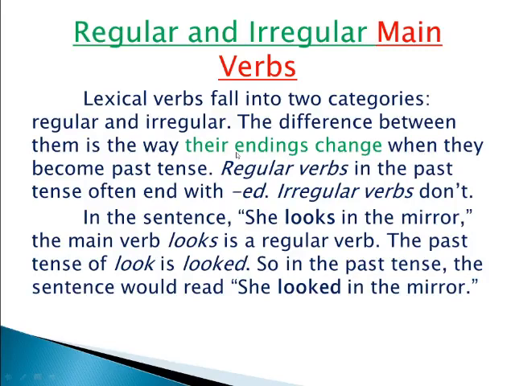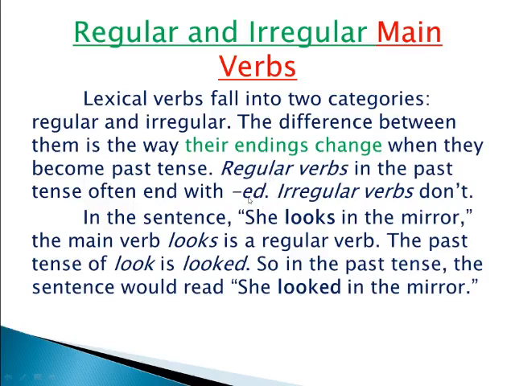Present, past, past participle. These are the three forms of the verb that you know. Here, in order to make verb 2, the past of the verb, we just add ed. These types of verbs are known as regular verbs. Regular verbs are made by just adding ed at the end of the present verb.